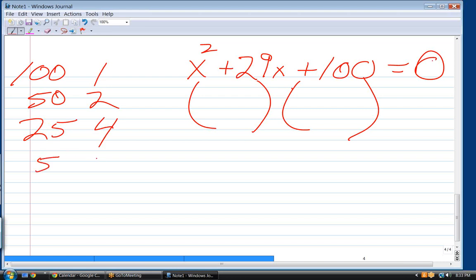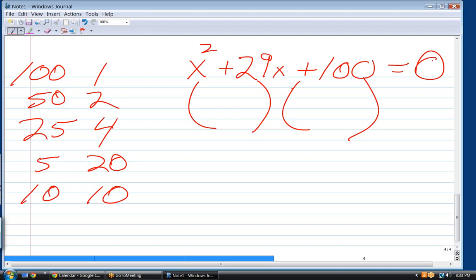That makes 5 and 20. Now, we got 10 and 10. 5 and 4? I can double this, half that. Okay. So that's one way to find factors, is to do that.